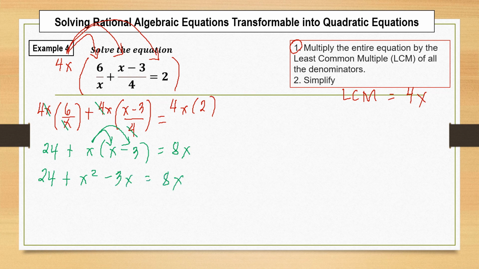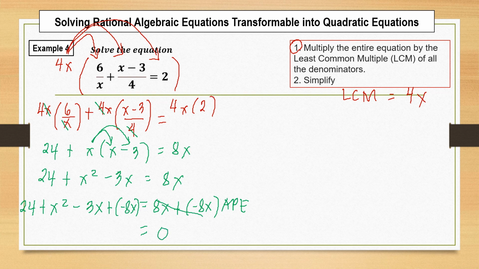8x. Now applying addition property of equality, we add negative 8x to both sides of the equation. 24 plus x squared minus 3x plus negative 8x. So the right side of the equation now becomes 0.